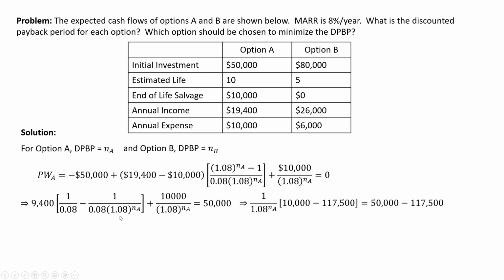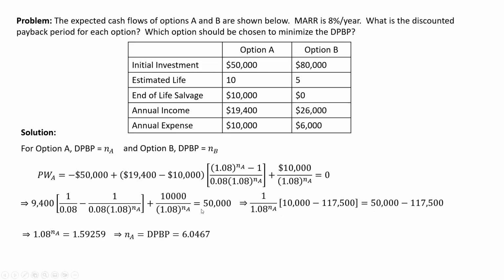We factor out a 1.08 to the N sub A and add and subtract and plug and chug, and that gives you 1.08 raised to N sub A is this. And so use logarithms and calculate N sub A to be 6.0467.